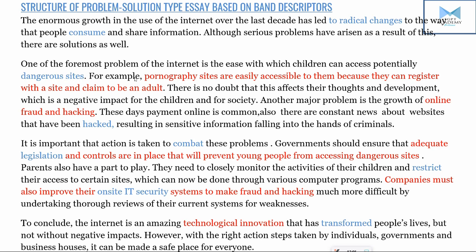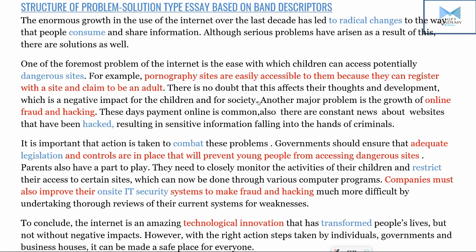So see, in this essay, all four band descriptors are covered. Task achievement: the topic is appropriately developed, giving valid subpoints in both the problems as well as the solutions. Along with coherence and cohesion, meaning the points have been systematically given one after another.